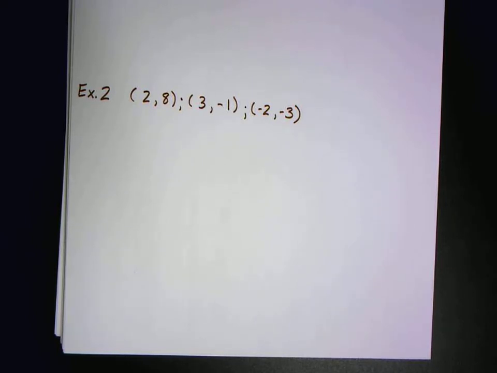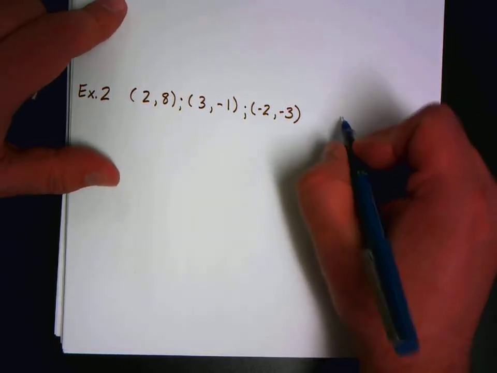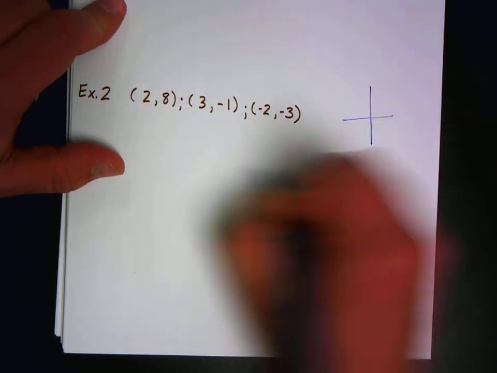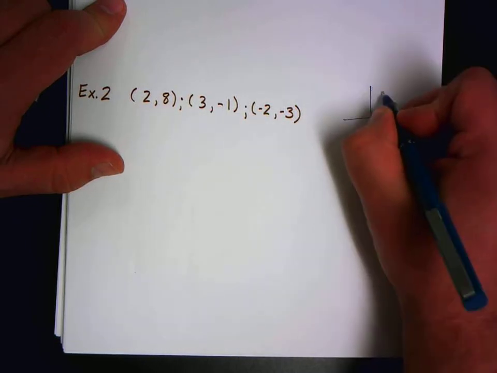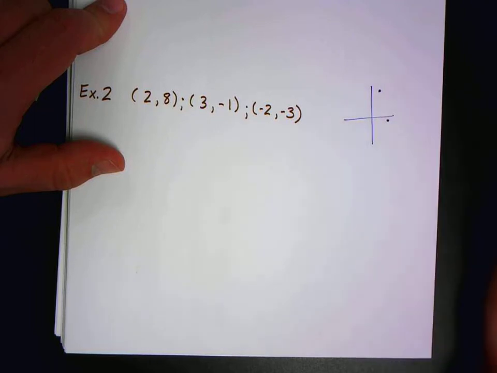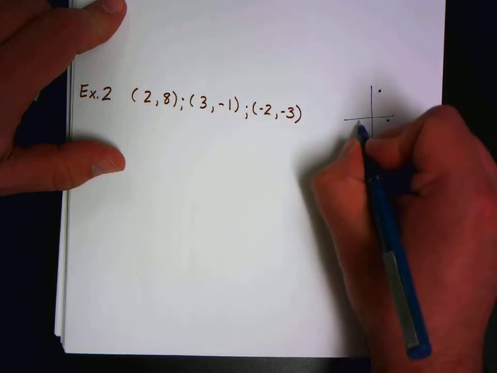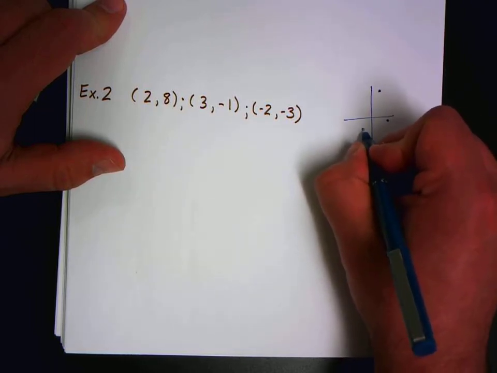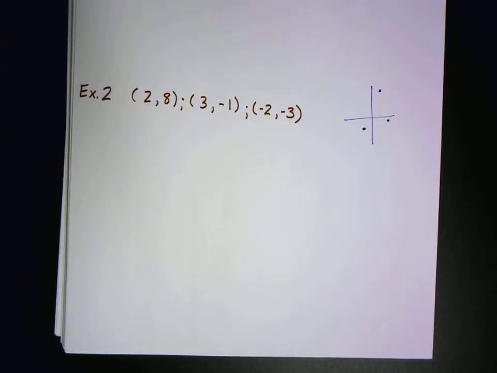Collinear means they make a straight line. So here's 2, 8, somewhere up here. 3, -1 is like right here. -2, -3 is like right here. So that'll make a triangle.